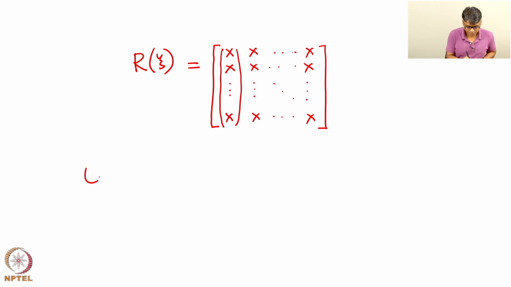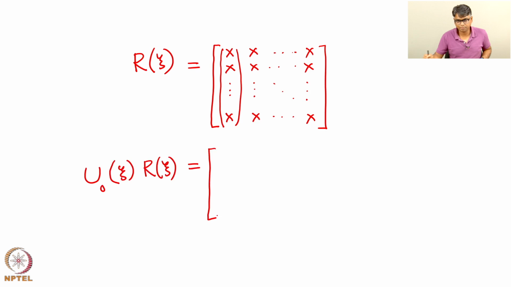I know for a fact now that I can multiply this by a unimodular matrix U0 such that, when I take this product, I don't bother about what is happening to the rest of the columns, but the first column I know will convert to some F1 xi and all zeros, right? And this is possible as long as one of the entries in this first column is non-zero.